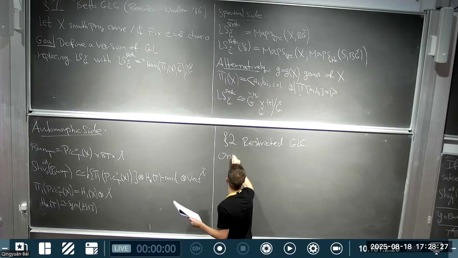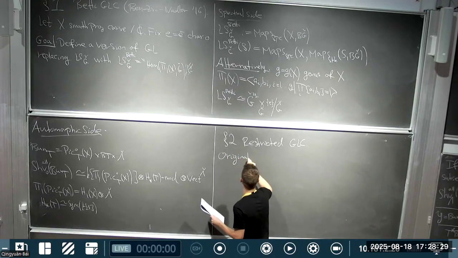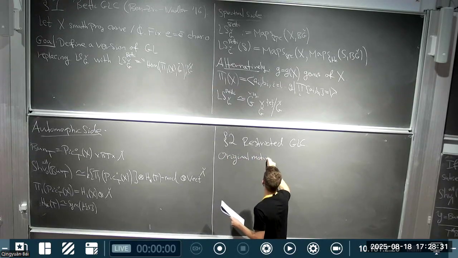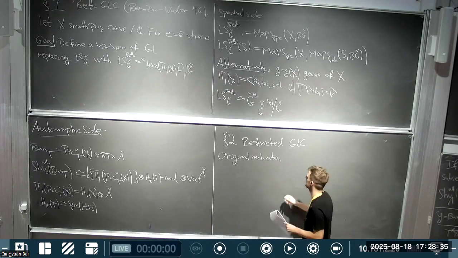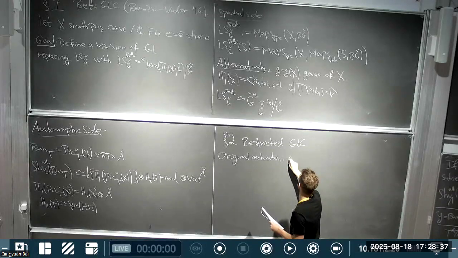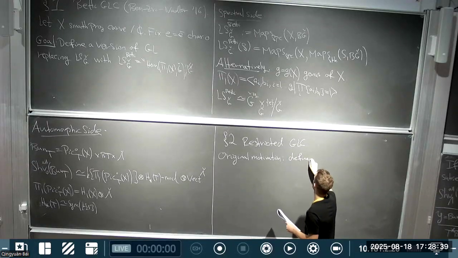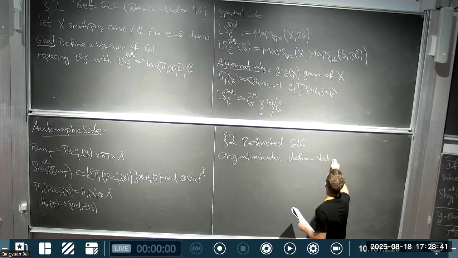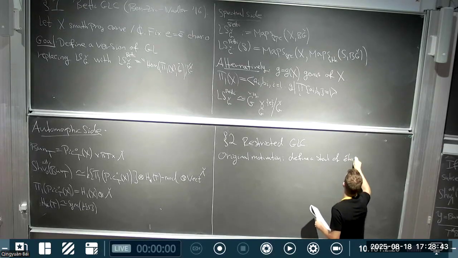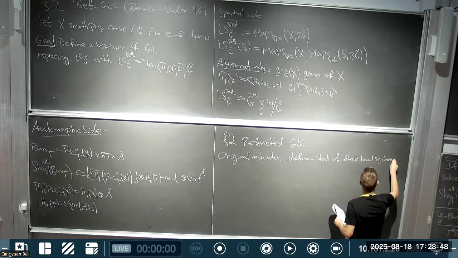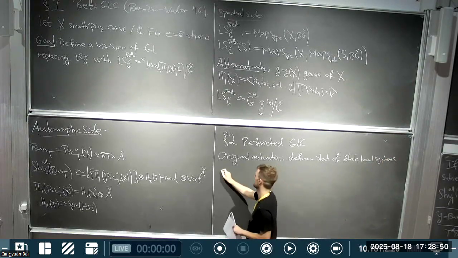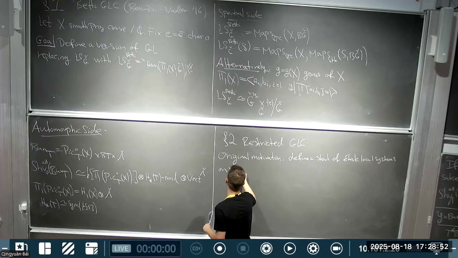I should say I think that the original motivation from Shotton and Gaitsgory is to apply Riemann-Hilbert in a precise way, was to define a stack of local systems on X when X is defined over a finite field.